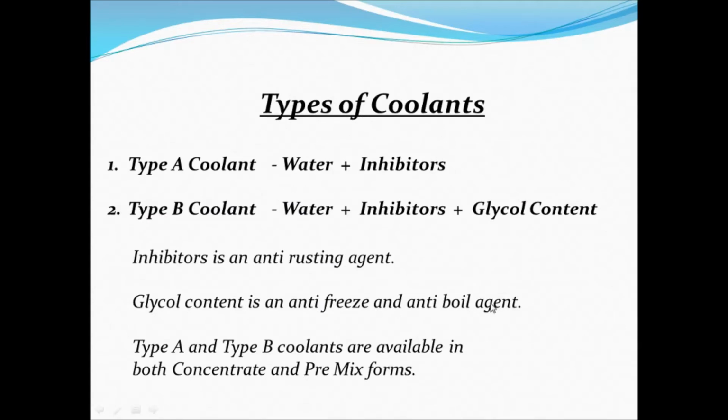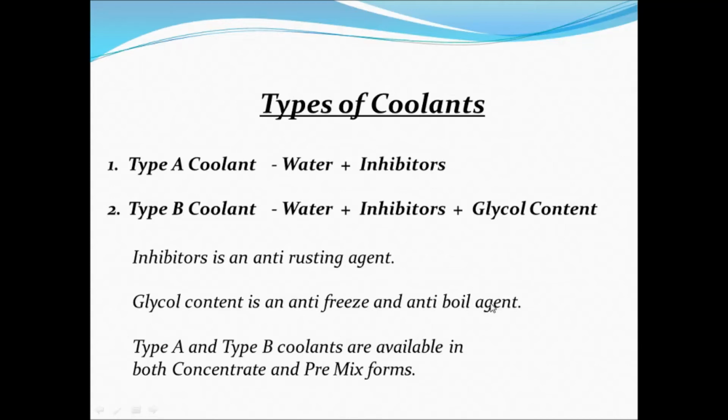In order to overcome this issue, coolants were introduced. There are two types of coolant. The type A coolant consists of water plus inhibitors. The type B coolant consists of water plus inhibitors plus glycol content. Inhibitor is an anti-rusting agent which prevents the engine components from rusting, and glycol content is an anti-freeze and an anti-boil agent, which means that it lowers the freezing point of water to around minus 35 degrees centigrade.